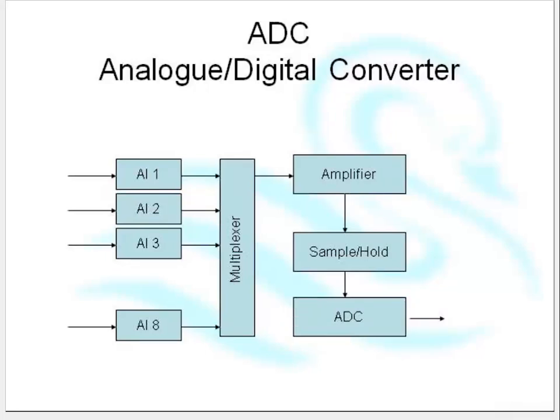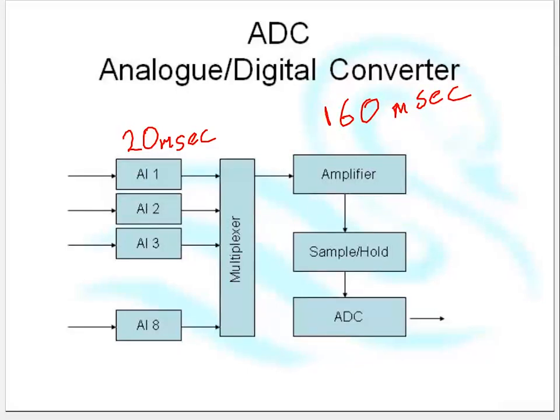So that if the ADC itself takes 20 milliseconds to sample, but you have 8 of them, then in fact you only get to each input every 8 times 20 goes. 2 8s are 160. So you only get to each input every 160 milliseconds.